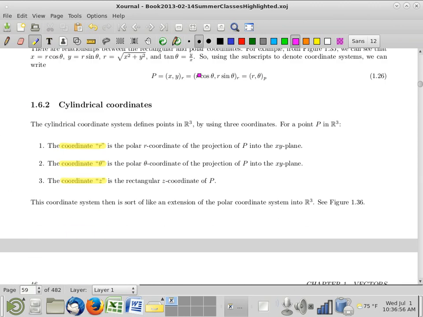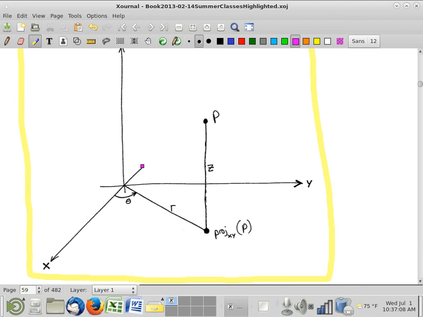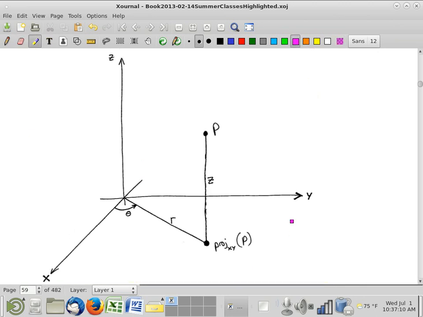So next coordinate system, cylindrical coordinates. Cylindrical coordinates is a lot like polar coordinates. There's the polar r, there's the polar theta, and it's just that if you're talking about points in R3, you also need to talk about a height, z. So here's a picture of cylindrical coordinates. A point is described by a theta, an r, and then a height z.